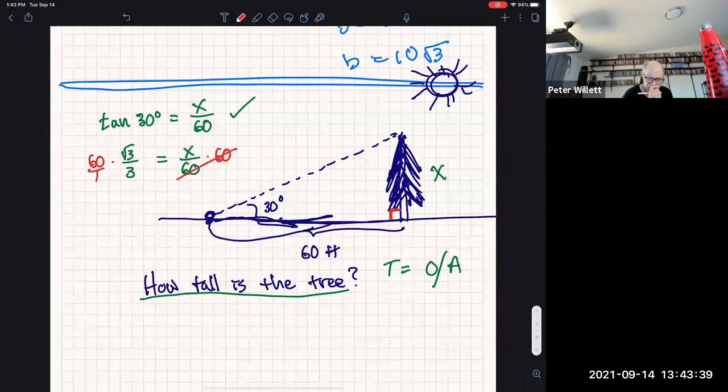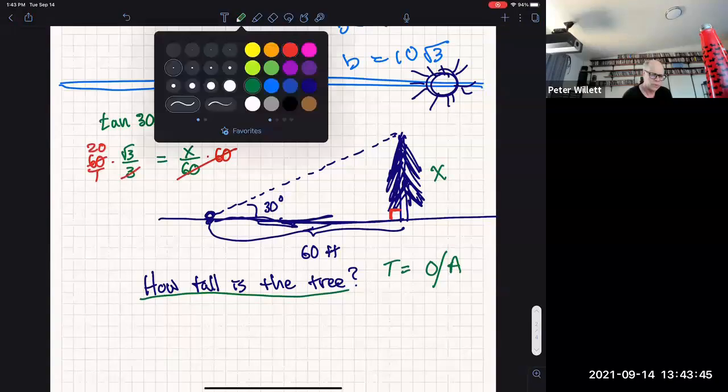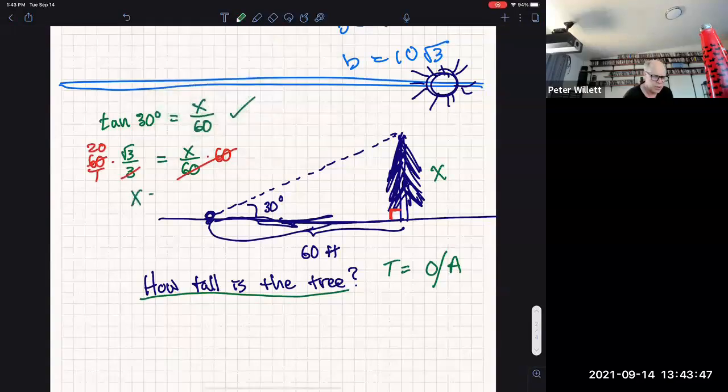If I multiply by 60, I can cancel: 3 goes into 60 20 times. So I end up getting that x is equal to 20 times the square root of 3 feet. And of course, I could type that in a calculator and approximate to whatever significant digits I wanted. And I found out the height of the tree.